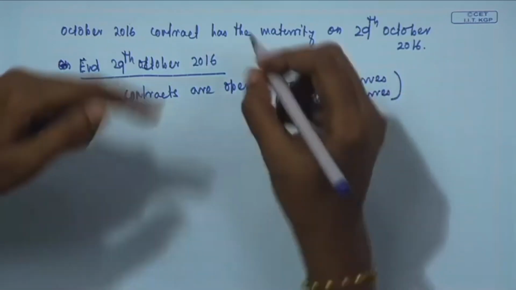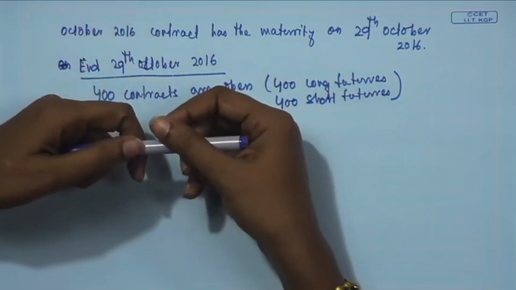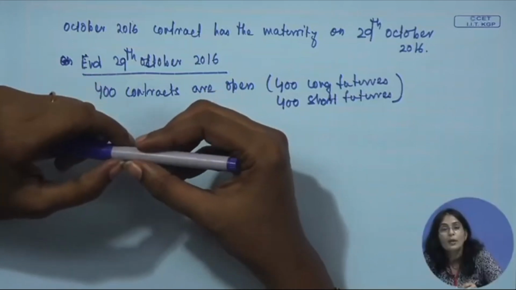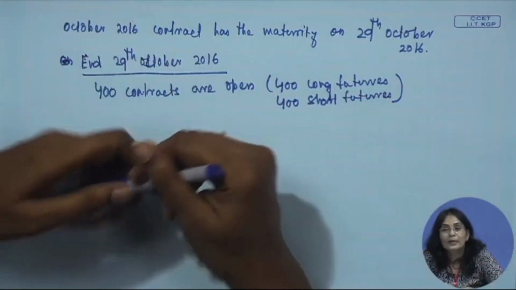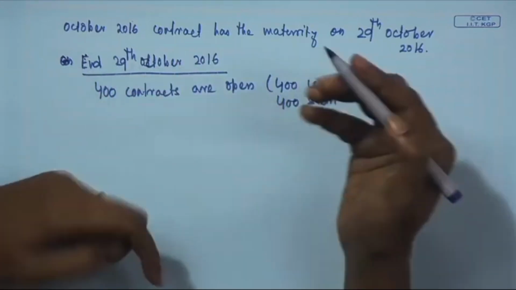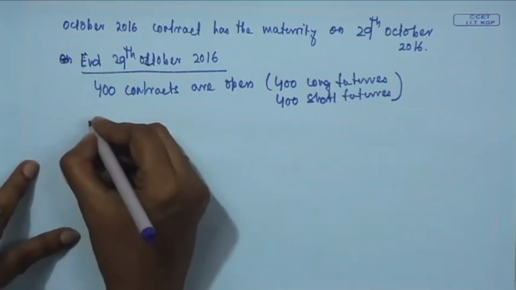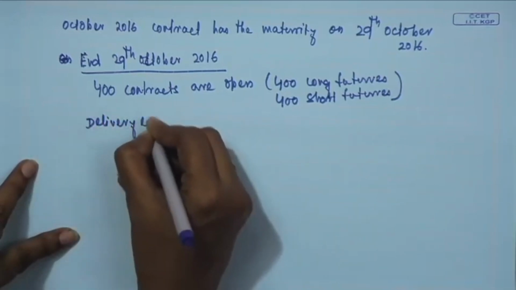If you recall, when I was discussing the contract specification part, we discussed the delivery logic. For a cotton contract, the delivery logic was compulsory delivery. So let's first spend some time understanding the different types of delivery logic that can happen.